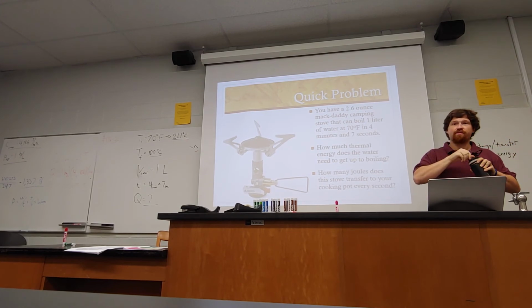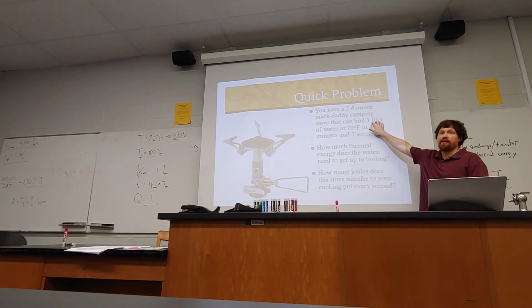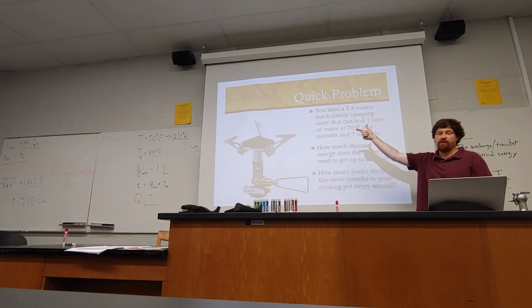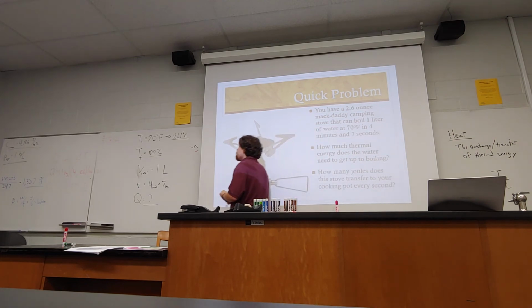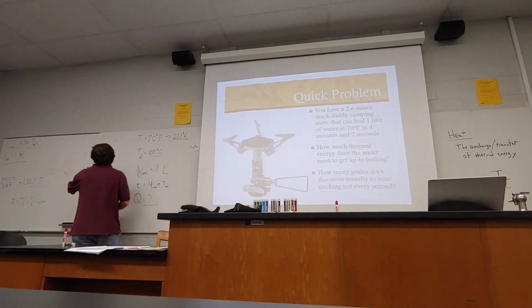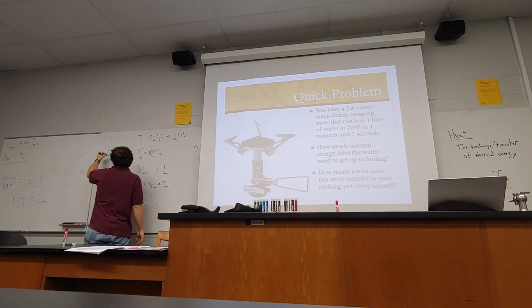For mass? Well, we're told we have 1 liter of water, and the density of water is a known constant. It is 1 kilogram per liter. And so, if we have 1 liter of water, we can use the density as a conversion. So 1 liter of water is 1 kilogram of water.